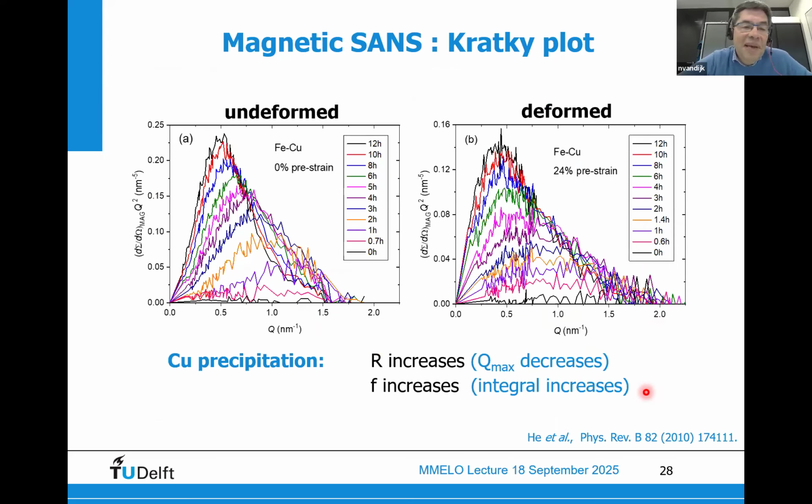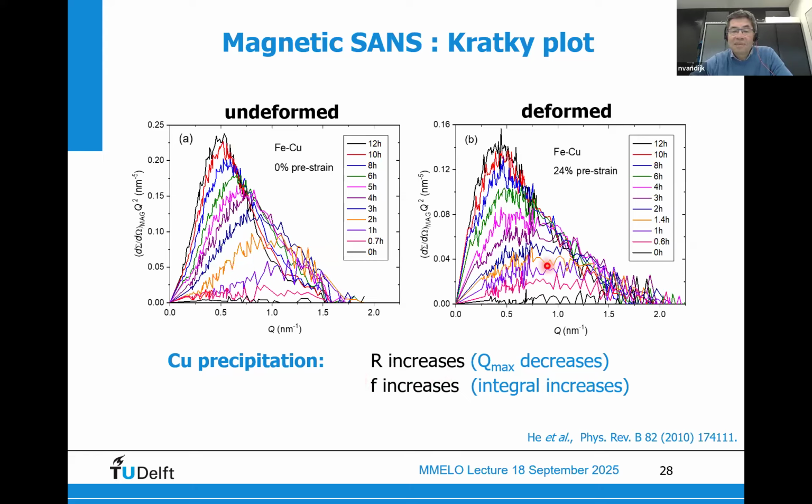If we then apply this trick where we multiply the scattered intensity with Q squared, which we have also done for this theoretical case where we looked at the sphere, then you get these particular patterns. You see that for short times there's essentially no scattering from the precipitates, and the longer you wait, the more area you get under these curves, which gives an indication that the phase fraction of precipitates increases.